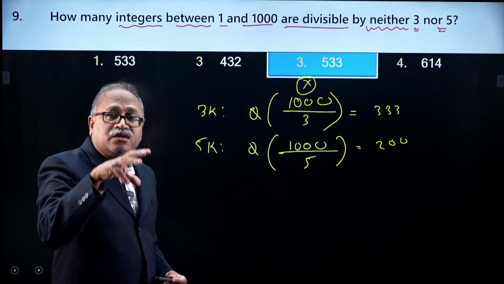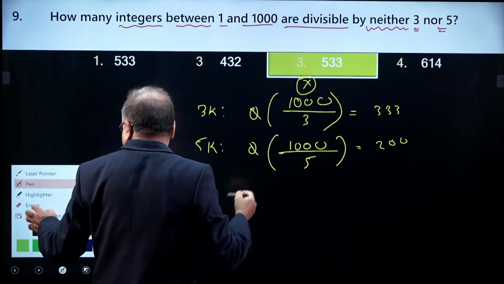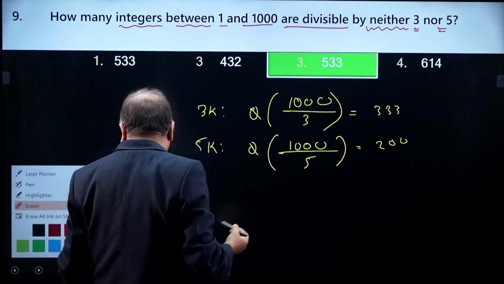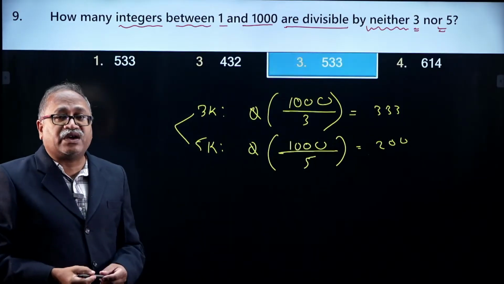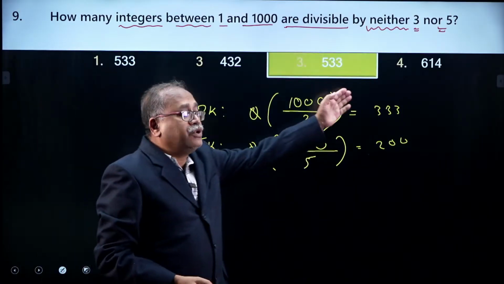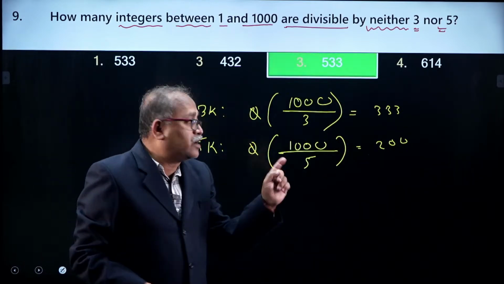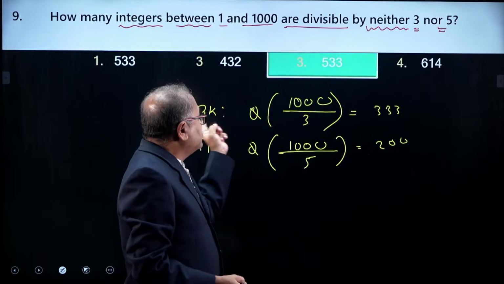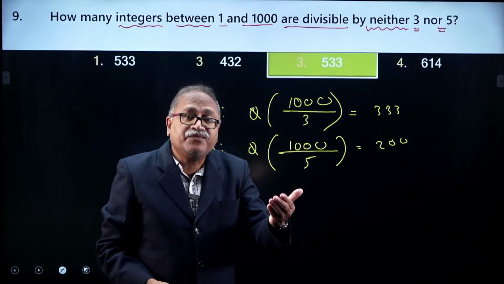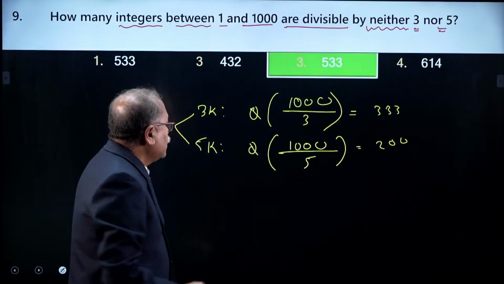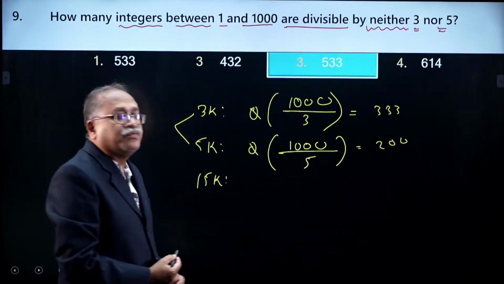Right. But in between, there are numbers which are divisible by 3 and also divisible by 5. So, if you simply add these, you are repeating the numbers which are divisible by 5 you have already taken and divisible by 3 you have already taken. Those are divisible by 15, that is 5 into 3. How many such numbers are divisible by 15?